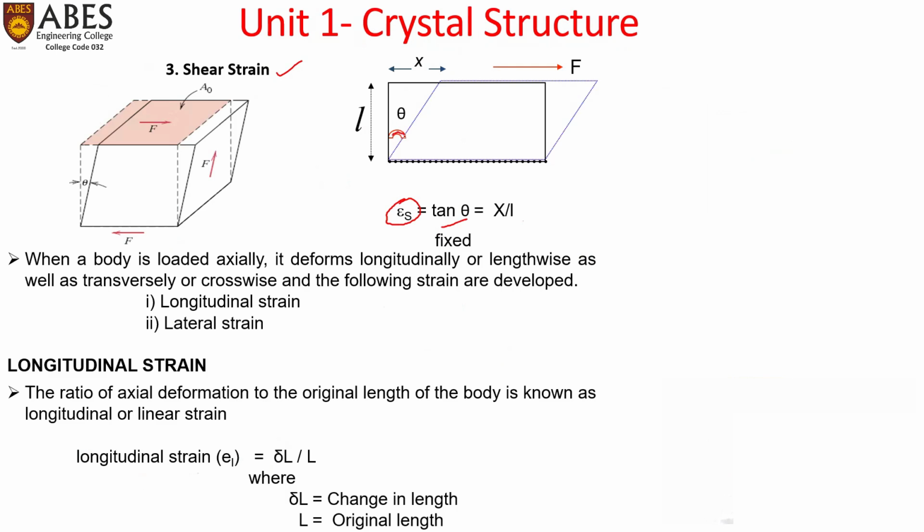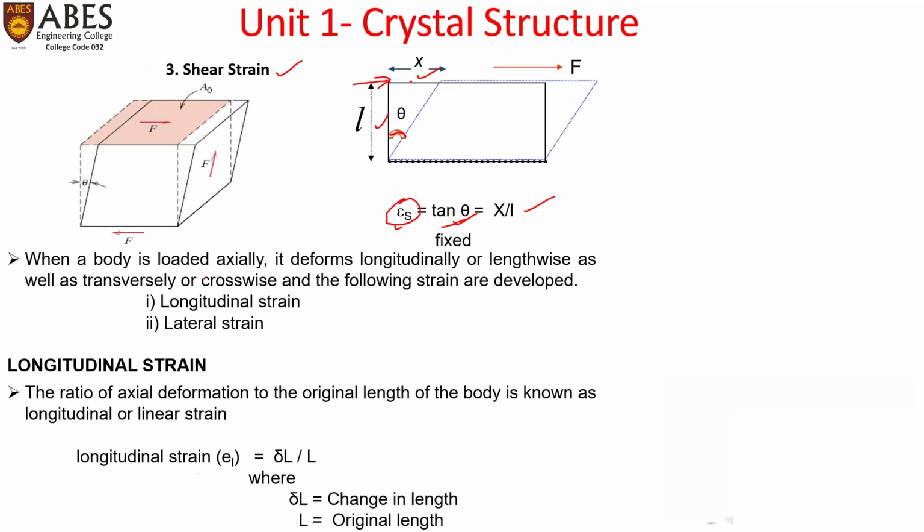If theta is the angle produced as the effect of an applied force, which is acting tangentially or parallel to the area of cross section, then tan theta equals x upon L. X is the deviation, and L is the initial length. So x upon L is tan theta, and this is the value of shear strain. It can be derived from this equation.